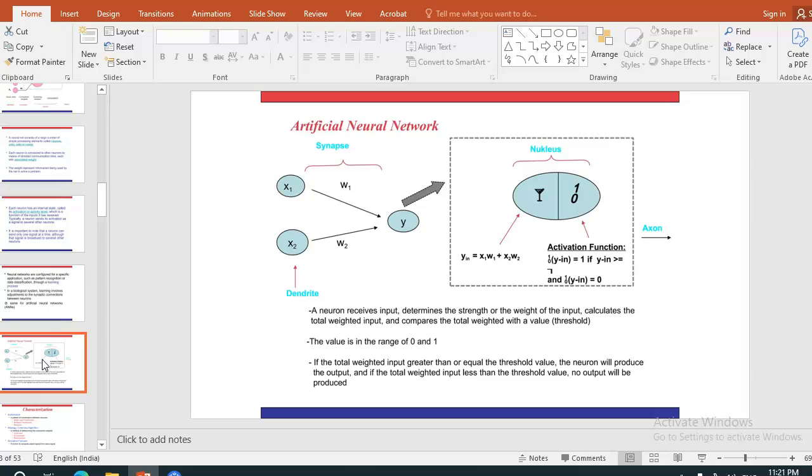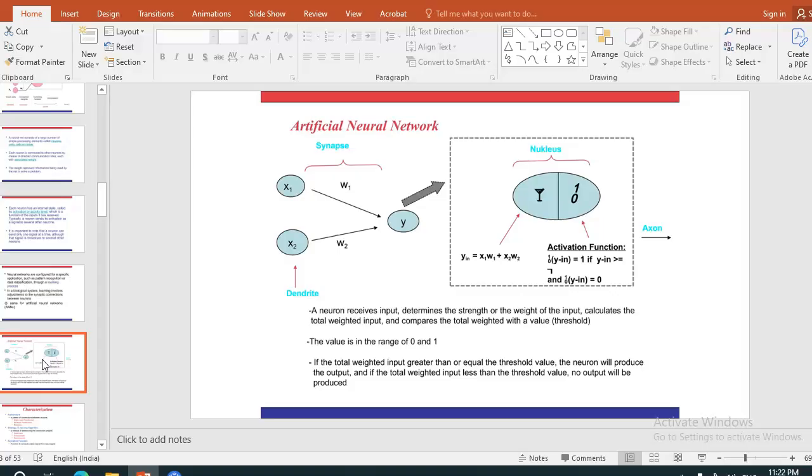So here weight indicates the importance of the input information, and bias indicates an additional value which is used to activate the activation function. It provides flexibility and a large range of prediction values. Then we have the activation function. Activation function means it introduces non-linearity in the output.